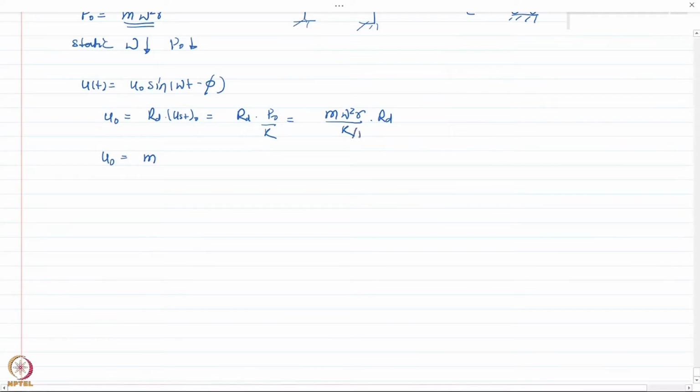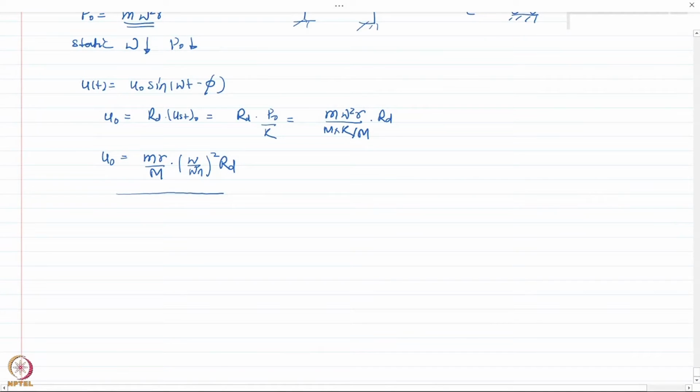If I divide this by M and also multiply by M, I can write u naught as m r by M times omega by omega n whole square times R d. So for a force whose amplitude is frequency dependent, like in the case of the vibration generator, this is the expression that we get for peak dynamic displacement.